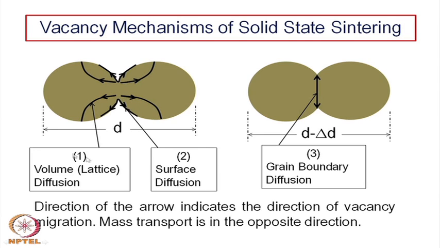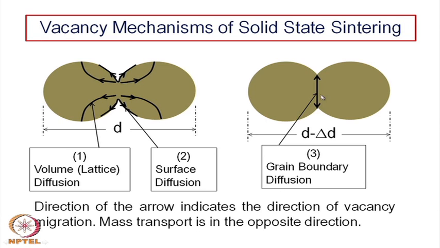So, there are 3 different paths which the vacancy can follow, and accordingly there are 3 different mechanisms, and the rates will also be slightly different. The direction of the arrow indicates the direction of the vacancy migration, okay.